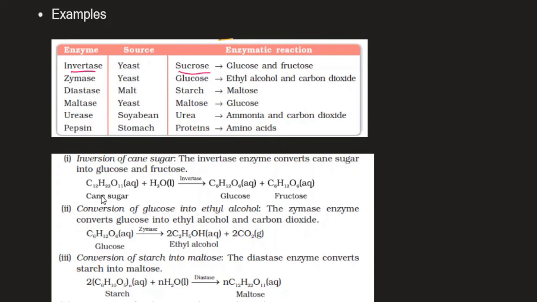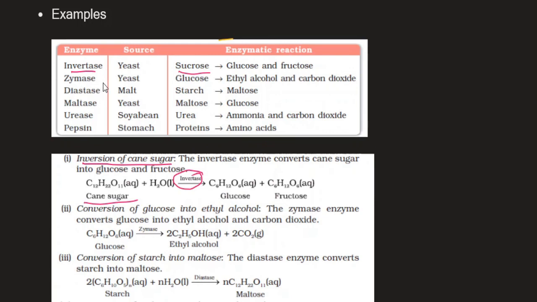Cane sugar is nothing but C12H22O11. That is nothing but sucrose, sugar, is it not? So on hydrolysis using the invertase, the optical rotation is inverted here. So that is why it is named invertase. That is present in yeast.